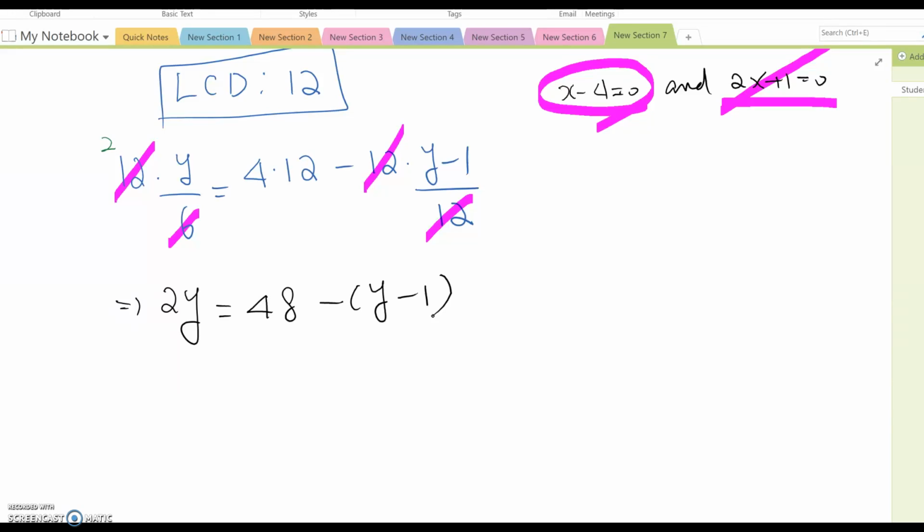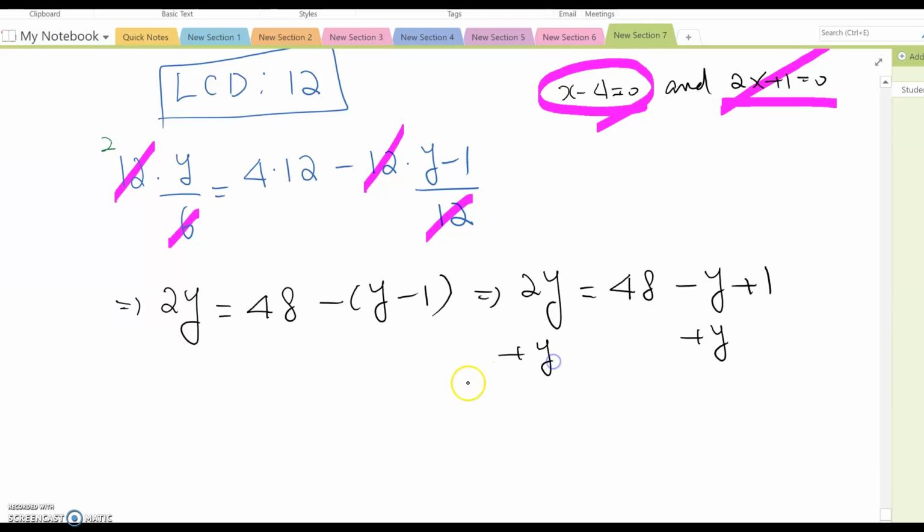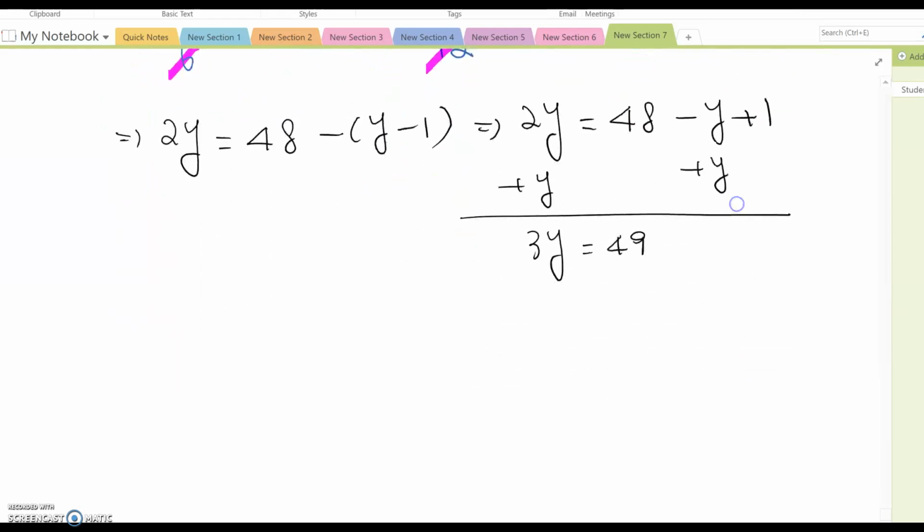So now it becomes 2y equal to 48 minus y plus 1. Combine y, so we gather the variable to one side, then 3y equal to 49. The last step, divide by 3, then y equals 49 over 3.